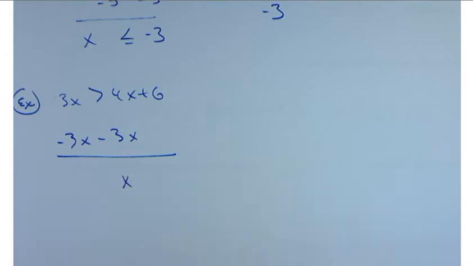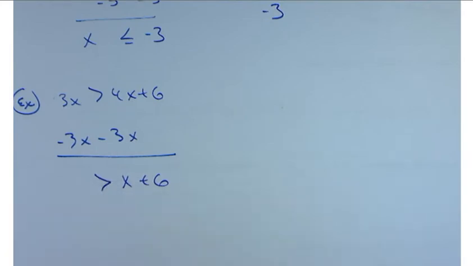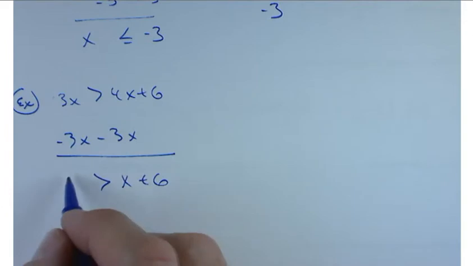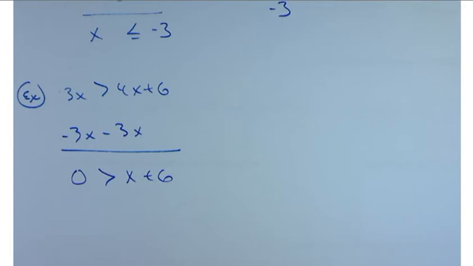Is there anything else? All right. And 3x minus 3x is? 0. All right, so we get 0 is greater than x plus 6. All right, let's keep going.